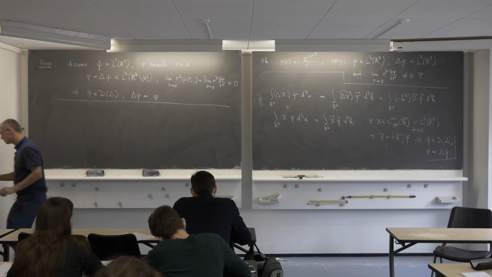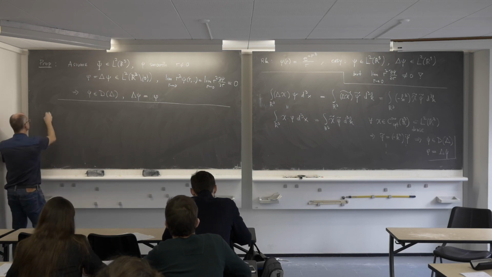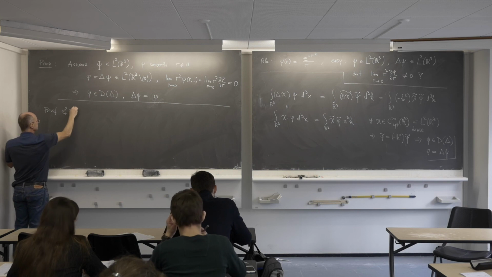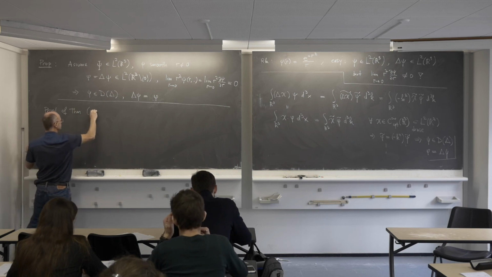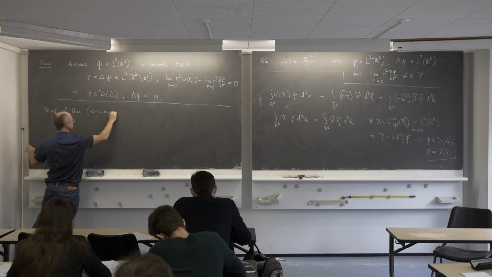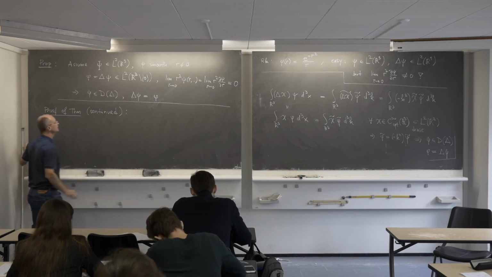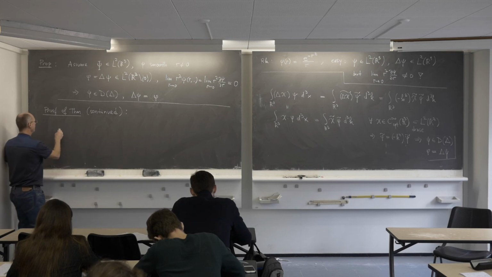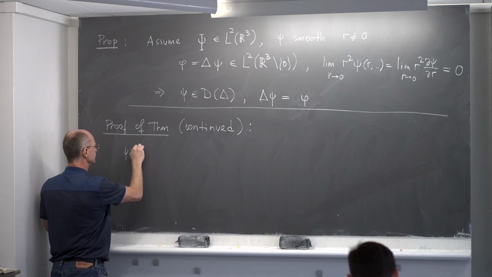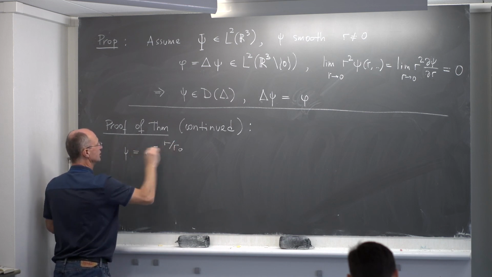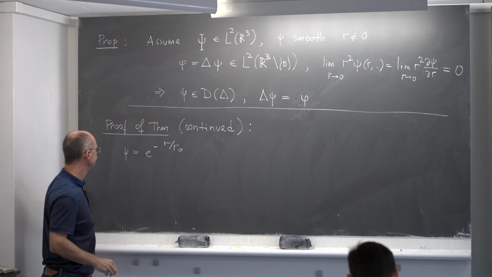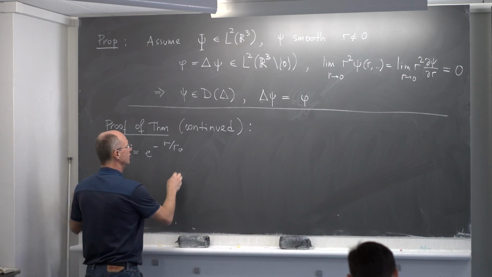Well, now let's continue the proof of the theorem. We have our function psi equal to exponential minus r over r naught.